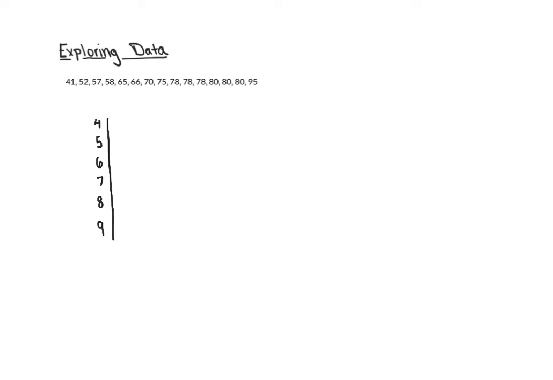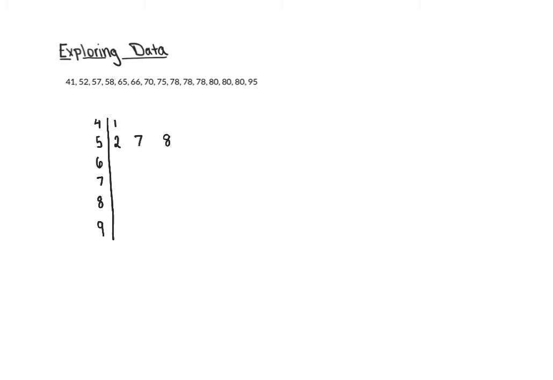Next, we can put in our leaves. The numbers are already arranged for us in numerical order, but if they weren't, that's where we would start, because we want these numbers to be in the order that they appear. All right, so we start with 41. Now we have 52, so the 5 is already there. We'll just put the 2. 57 and 58.